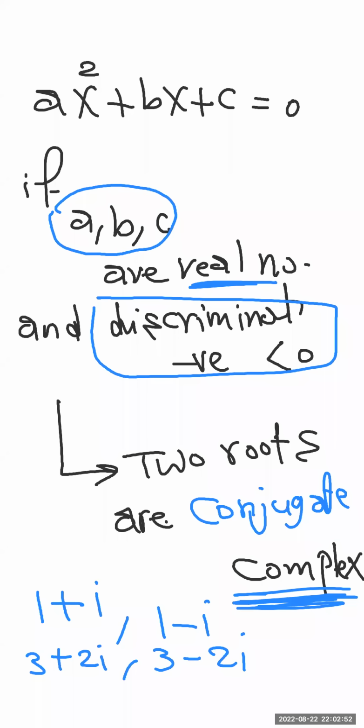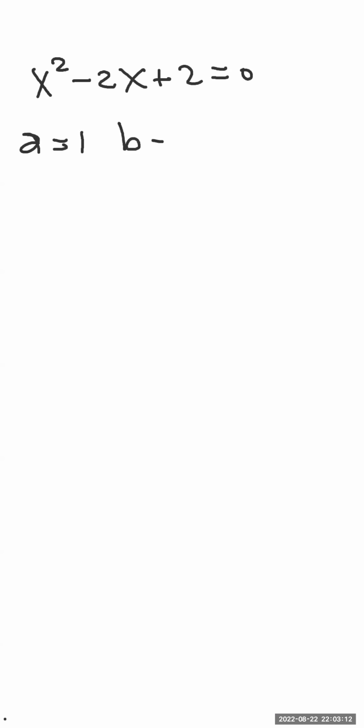Let's check that using one example. If there is an equation like this, x squared minus 2x plus 2 equals 0. Before solving this one, to make sure of our conclusion, here a equals 1, b equals -2, c equals 2. The three coefficients are real numbers.